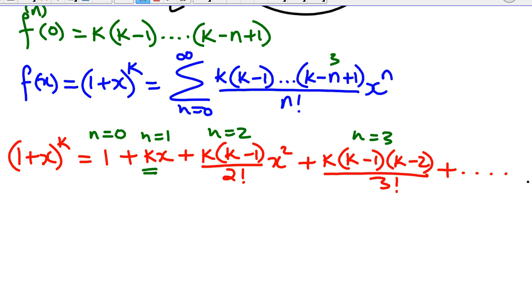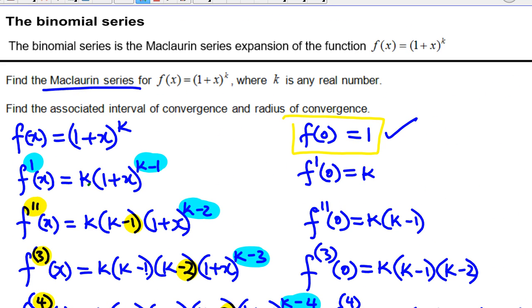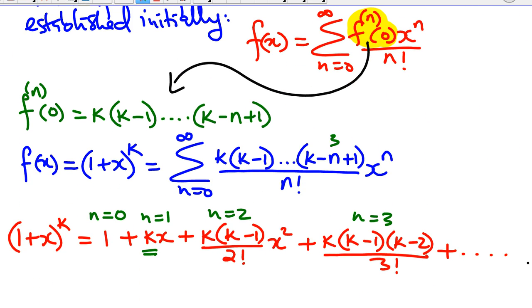So you stop at k minus 2 here. All right. So that is basically the Maclaurin series expansion for this function. We have finished the first part of this question, which is finding the Maclaurin series expansion for this function. That is what we have here at the bottom.